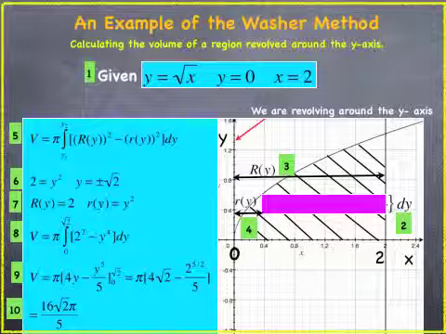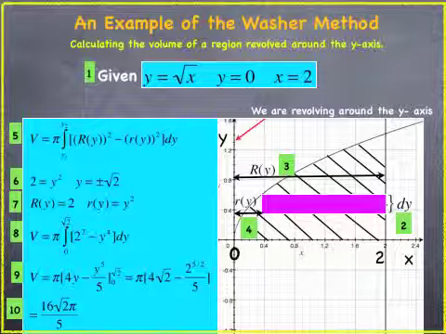The left side is 0, so we don't have to worry about that, but the right side is our graph. If you go back to 1, you'll see that is represented by y equals the square root of x. The problem there is I can't use square root of x in my integral, because everything has to be in terms of y. So I have to solve for x. So x will wind up being, in this case, y squared, and that's what I'm going to use in my integral. If you go again to the left side, you'll see item 7.